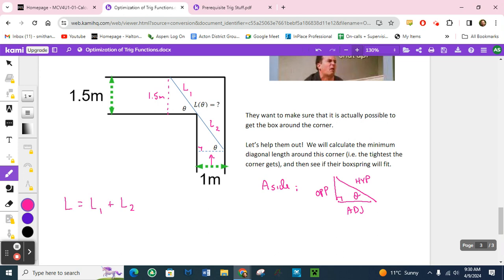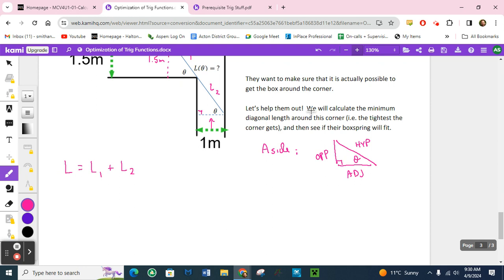So let's just add this down here. You guys know sine theta is equal to opposite over hypotenuse. I guess I'm using all caps for this question, which means if you wanted to get the hypotenuse by itself, just rearranging that, the hypotenuse is equal to the opposite side divided by sine theta.